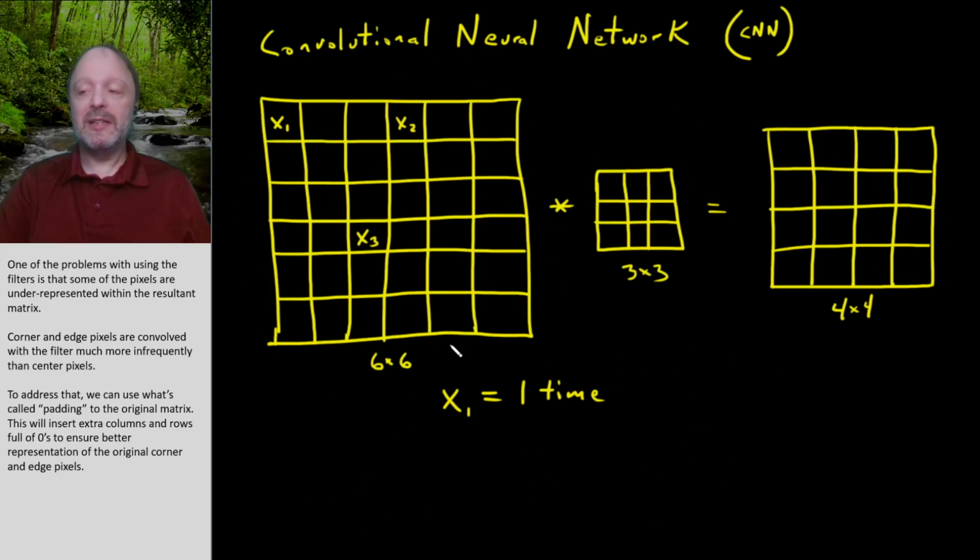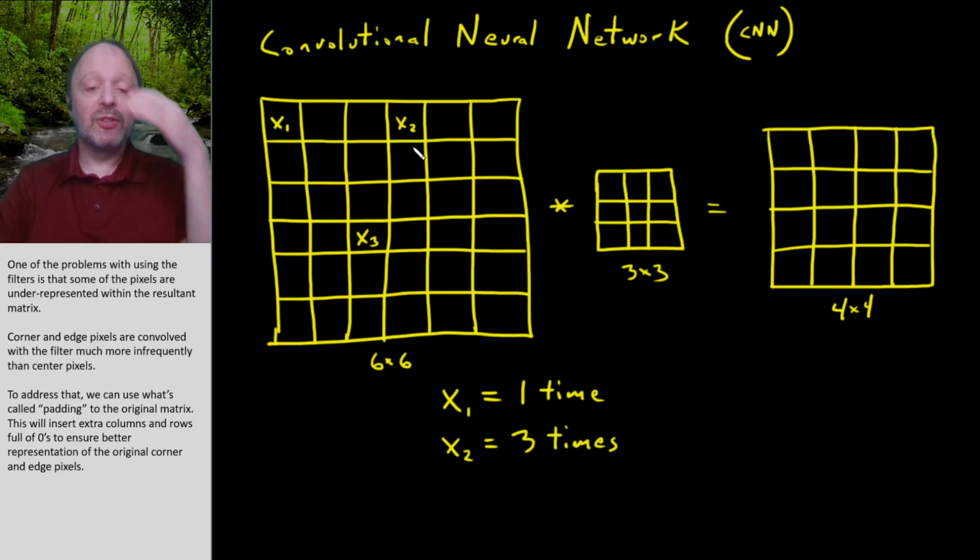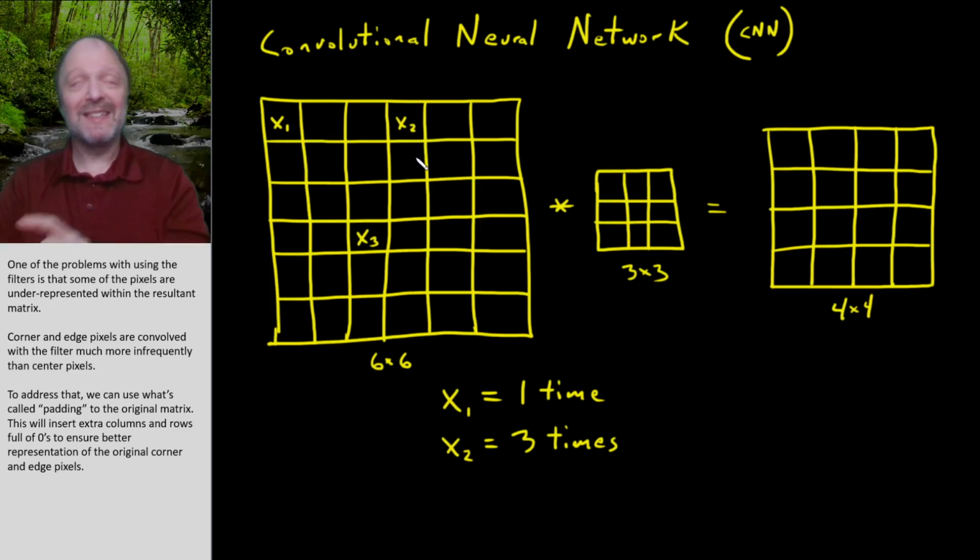What about x2? How many times does that get touched? x2 gets interacted with 3 times, because it gets touched when it's in this corner, then when it's right here, and then finally right here. And then it will shift down and it will never interact with this particular pixel. Say that 3 times fast again.